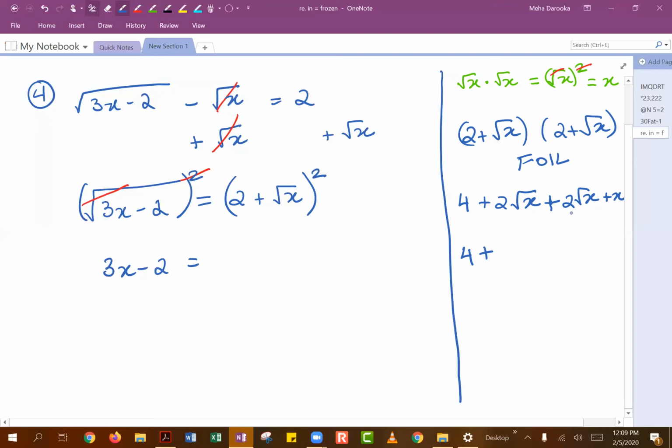Come on, guys, what's 2 plus 2? 4. Yeah, literally, that's all. 4 and square root of x. And then that x at the end. So this guy multiplies down to 4 plus 4 square root of x plus x.